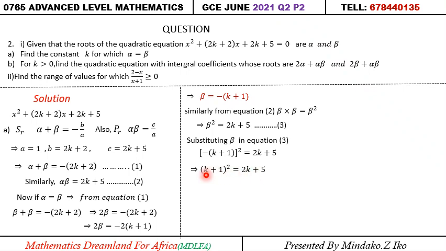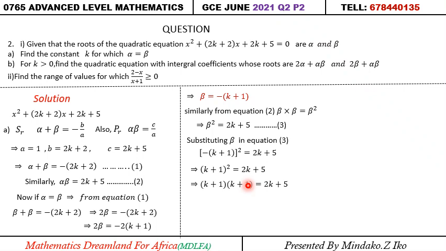Now, k plus 1 all squared is the same as k plus 1 times k plus 1, which will be equal to 2k plus 5. Then I can expand this bracket: I take the first term here and multiply with the second bracket, then I take the second term here and multiply with the second bracket again.